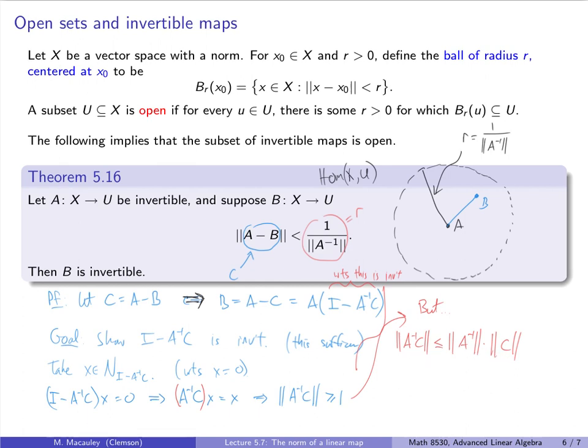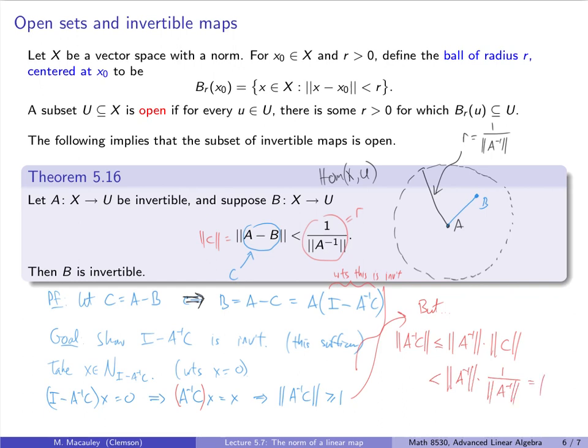But now the norm of C, what's the norm of C? By definition, it's this, which is less than 1 over the norm of A inverse. Look what we have. This is strictly less than the norm of A inverse times 1 divided by the norm of A inverse, which is equal to 1.